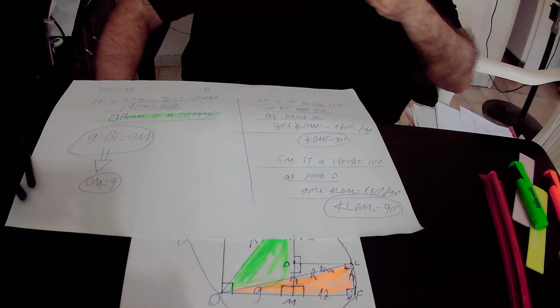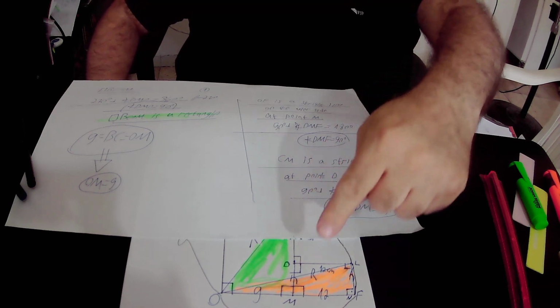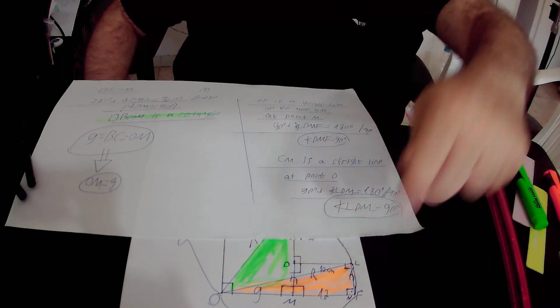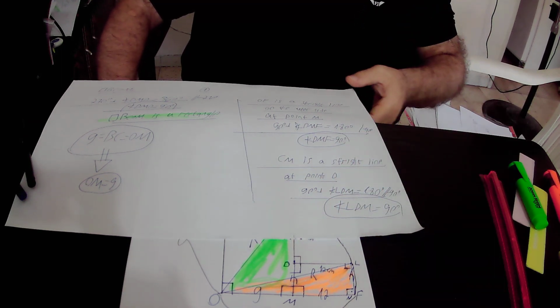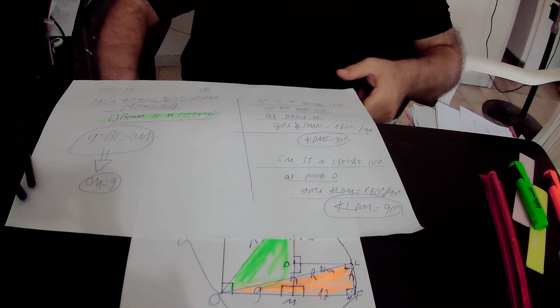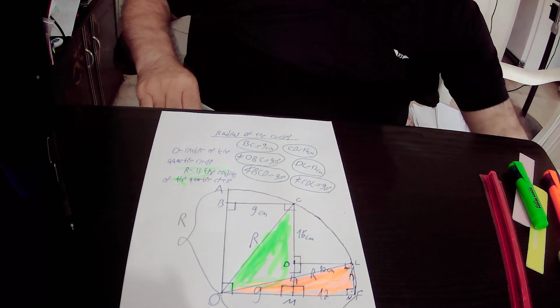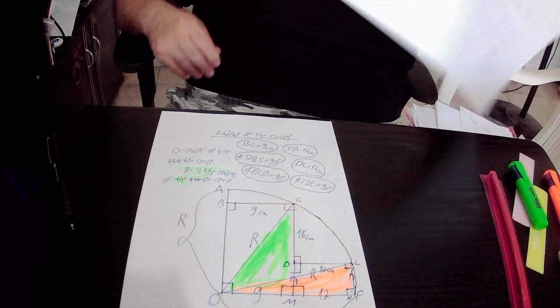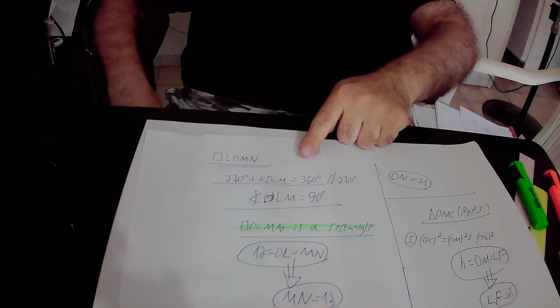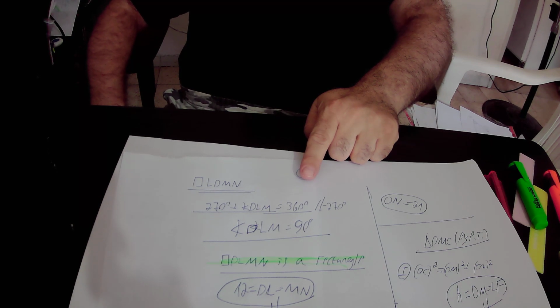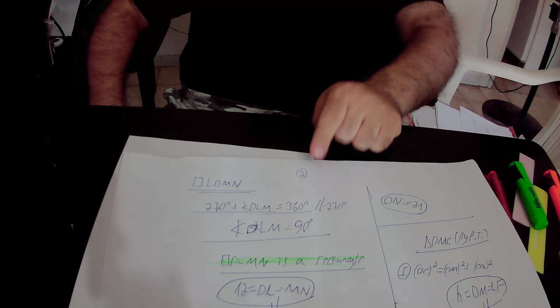So actually, we created here quadrilateral LDMN. In quadrilateral LDMN, we have 1, 2, 3 right angles. Inside quadrilateral LDMN, we have 3 right angles, and we know that the sum of 3 right angles is 270 degrees plus the size of the fourth angle. In total, the sum of those 4 angles must be equal to 360 degrees, according to the rule that the sum of the angles in any quadrilateral is equal to 360 degrees.